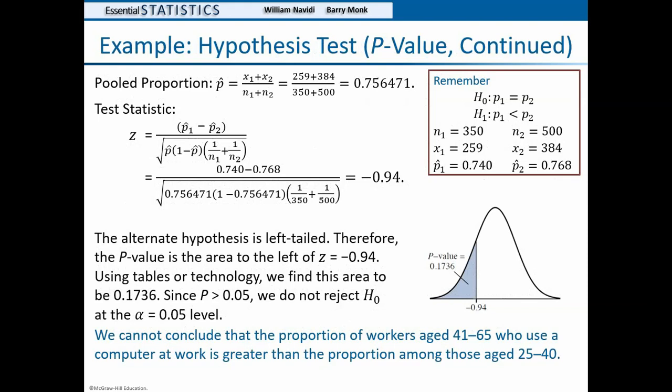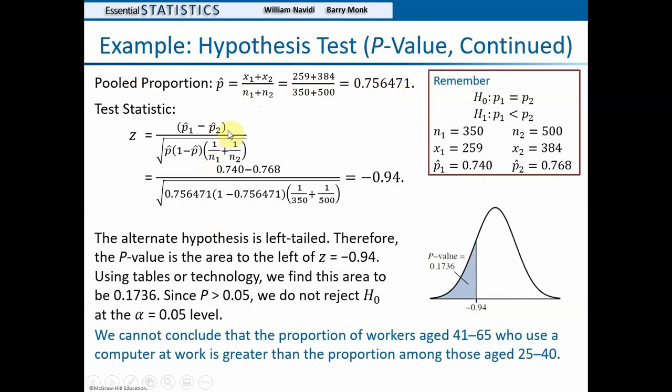So now we just need to go through and do all of our calculations. Here's our pooled proportion, x1 plus x2 over n1 plus n2. That gives us a pooled proportion: the 259, the 384, and 350 plus 500 is the n1 plus n2. So that gives us a p-hat of 0.756471.